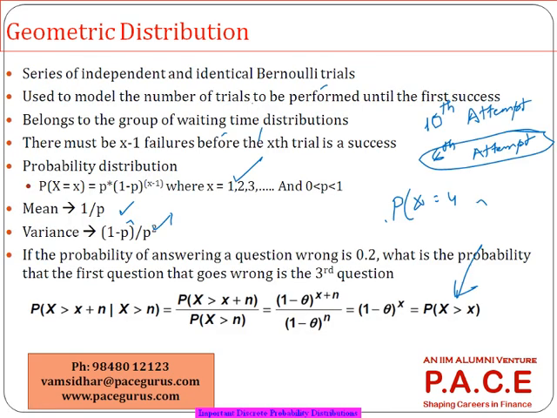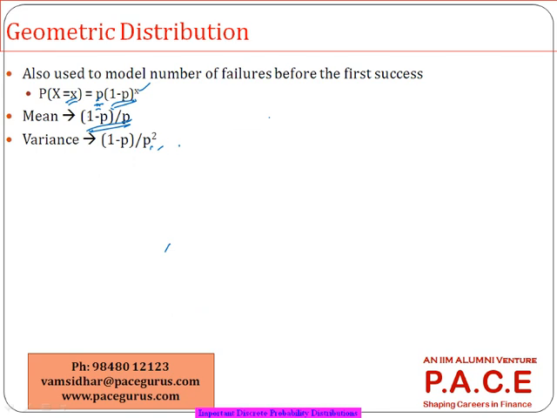In the earlier case, the mean was 1 by P. Now, because the number of failures will always be 1 less than the number of attempts for the first success, your mean will become 1 by P minus 1, which is nothing but 1 minus P by P. Whereas variance is still the same, 1 minus P by P square.